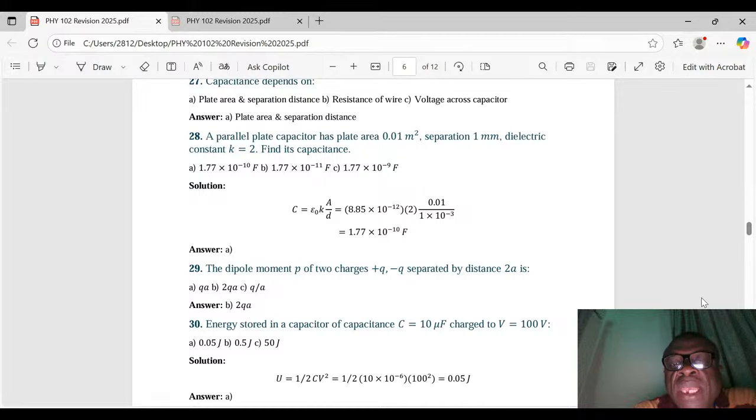The A, that is the area, is given, and the D, the separation, is also given. So by the time you substitute that, you have 1.77 times 10 raised to the power 10 farad, and the answer is A. 29.